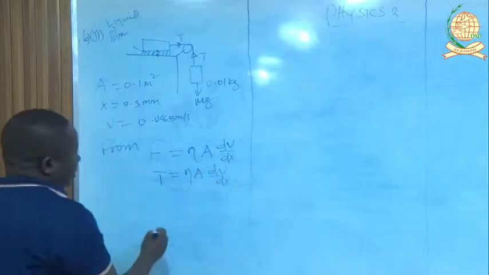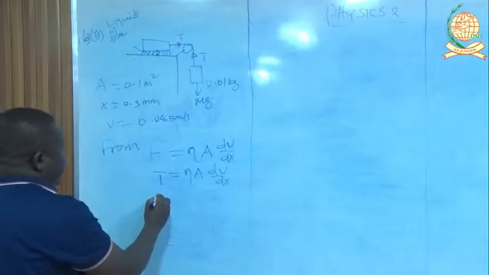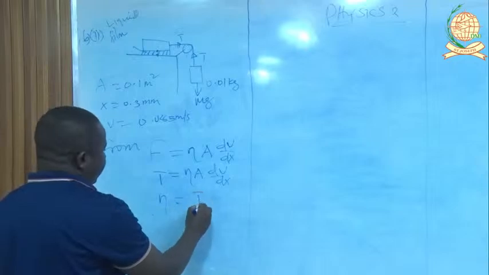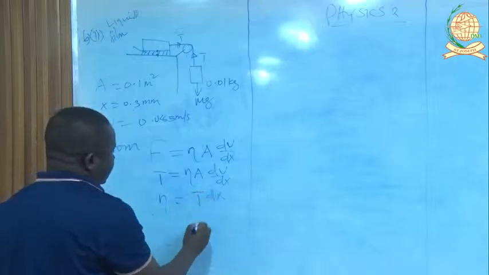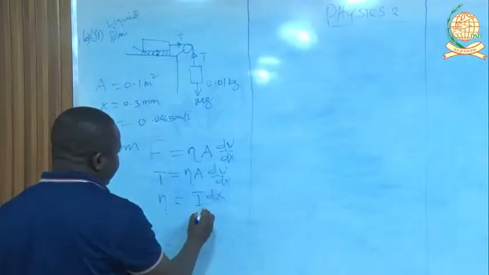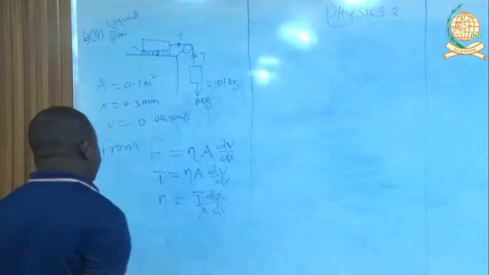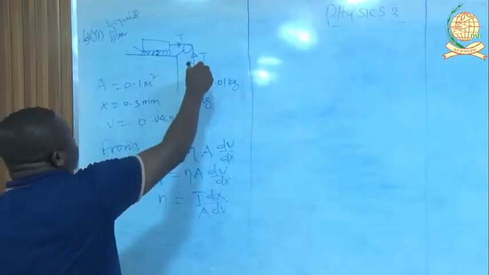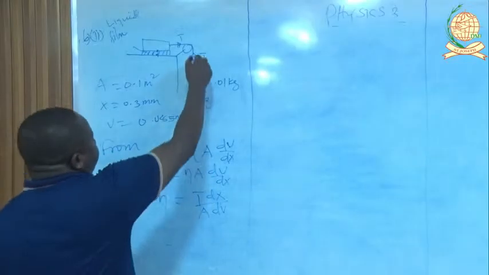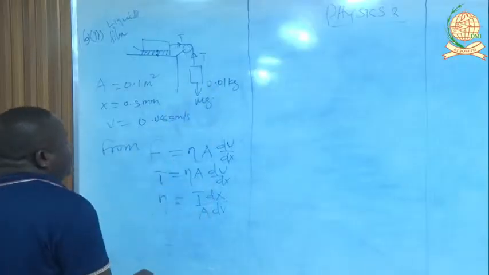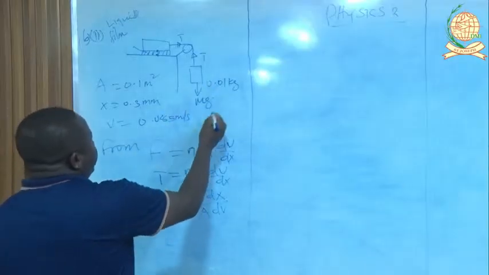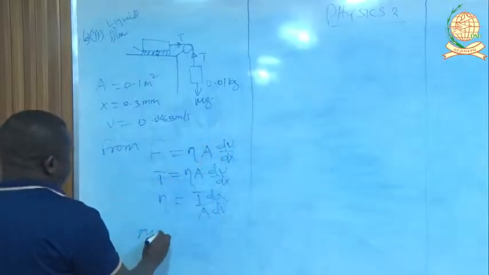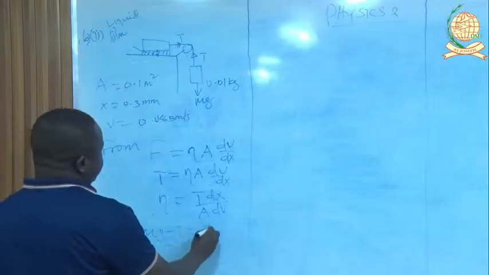So tension equals eta A times the velocity gradient over dx. And therefore, this eta will be equal to force times distance or thickness of the fluid over area times the velocity. But this force is equal to mg. Why? Because if this mass is going down, the net force mg minus T is supposed to be ma, which is the acceleration.